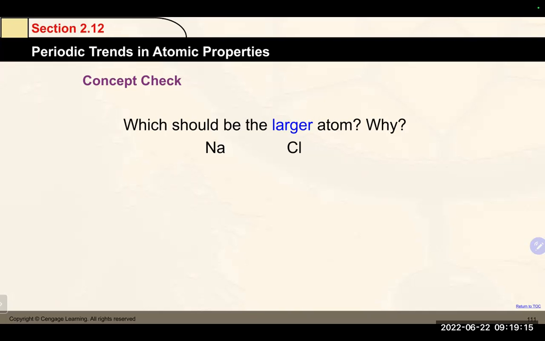We see sodium further to the left, again, with all those properties of less protons, lower ionization energy and all that, so it should probably be our sodium in this case that is the larger. Lithium and cesium, in this case, they're in the same group, and we see cesium is further down, which means it should actually be the larger atom in that case. It also has obviously more electrons, right? Bigger electron cloud because of that, to go with its larger number of protons.